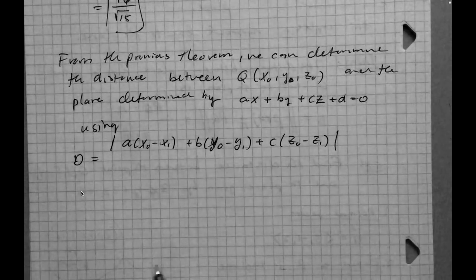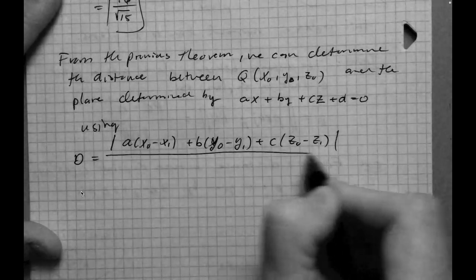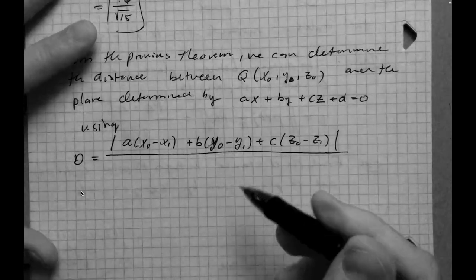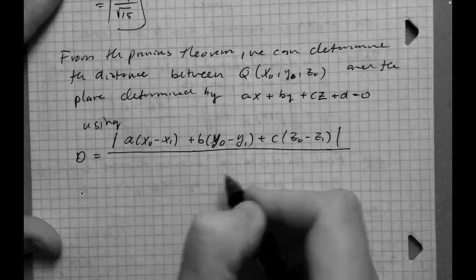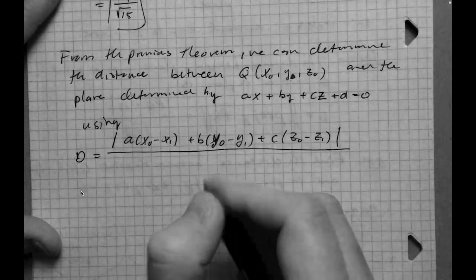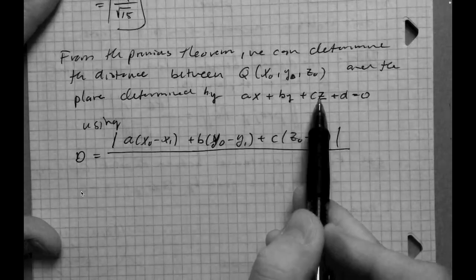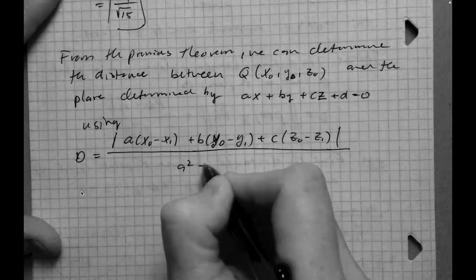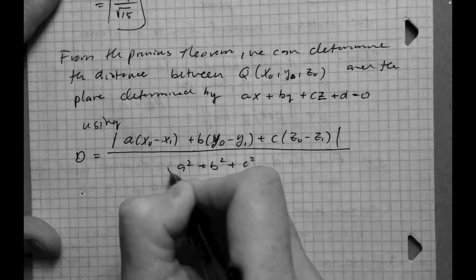And divided by the norm of the normal vector, which would in this case be given by a, b, and c here, right? So it'd be the square root of a squared plus b squared plus c squared.